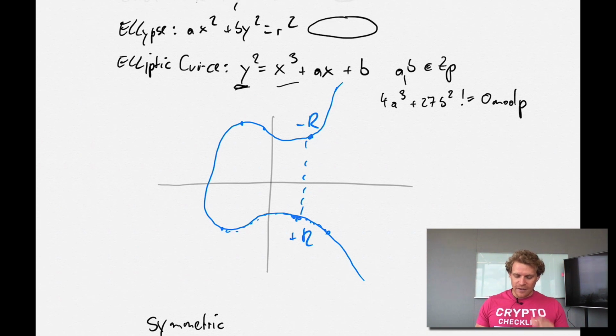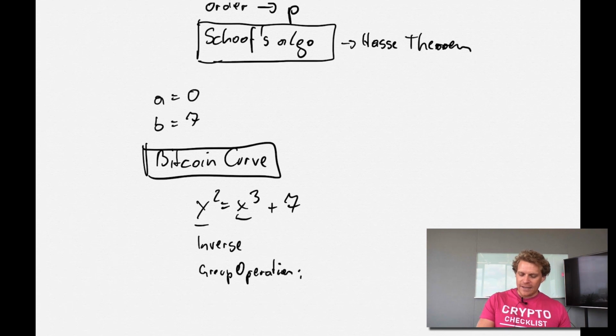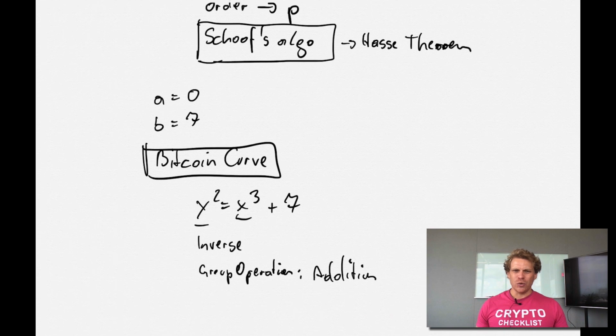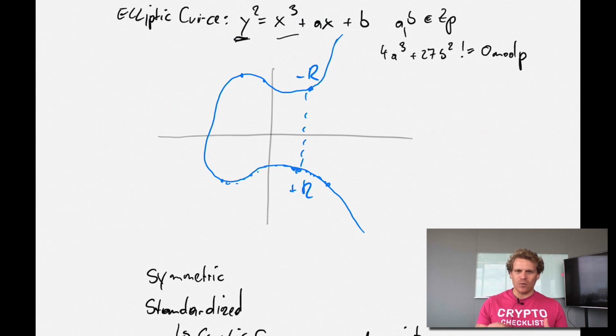Obviously, we also need a group operation. So we have an inverse, and we need a group operation. The group operation is addition, but this works a bit differently to what you might be used to as normal addition. We have this generator point, and we add to a point another point.